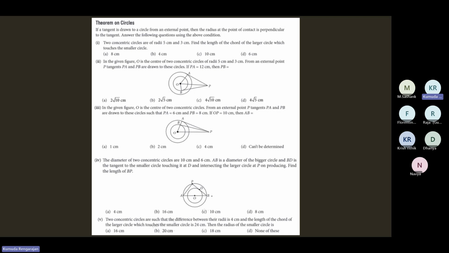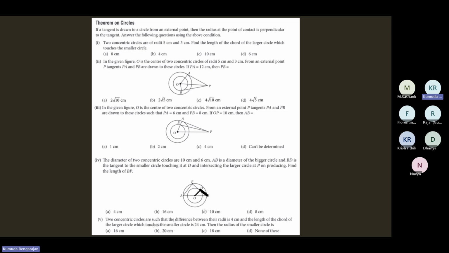Okay. Next one, children, find the length of BP. Eight centimeter, ma'am. Okay. BP is the chord. So I think it's enough if we find half of BD. Okay.